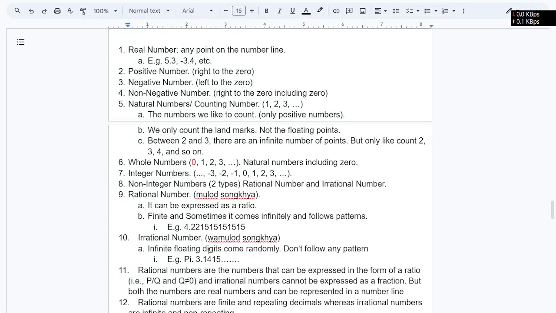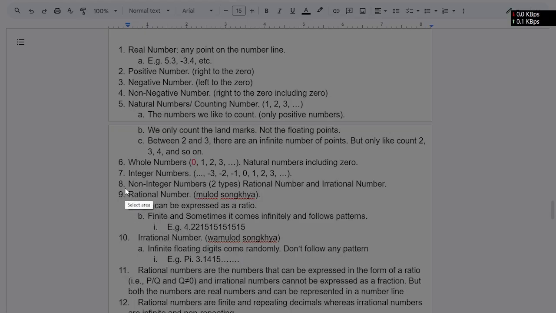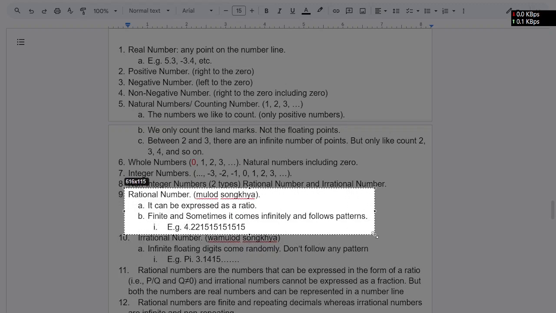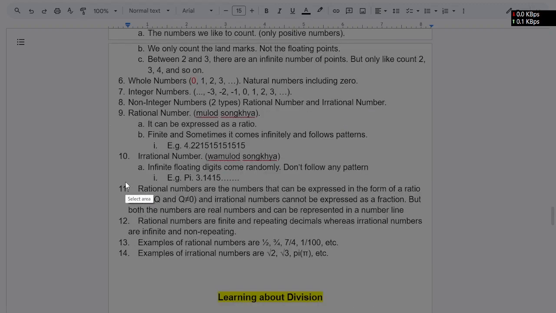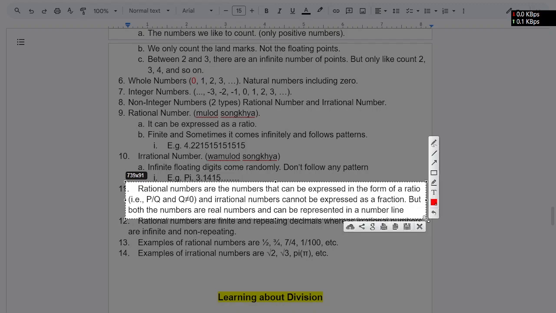Rational numbers can be expressed as a ratio, like p by q, and both rational and irrational numbers are real numbers and can be represented on a line.